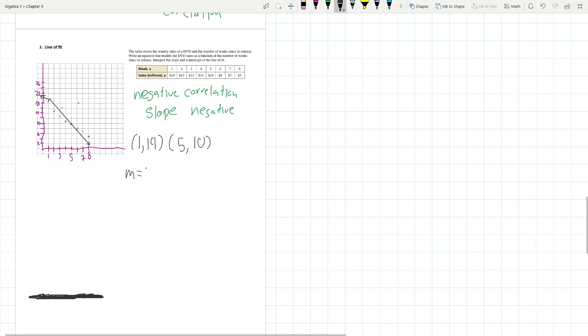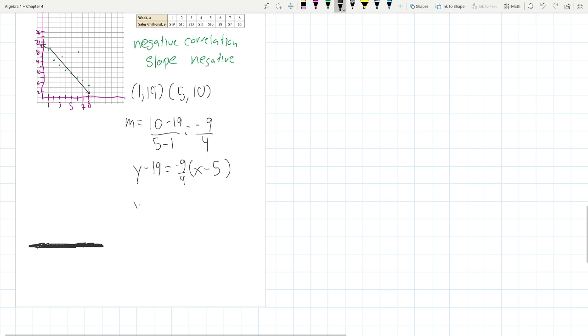So my slope is, let's see, 10 minus 19 over 5 minus 1. So 10 minus 19 is negative 9. 5 minus 1 is 4. And from there, I'm going to use y minus y1, which is 19, equals m, which is negative 9 over 4, times x minus 5.